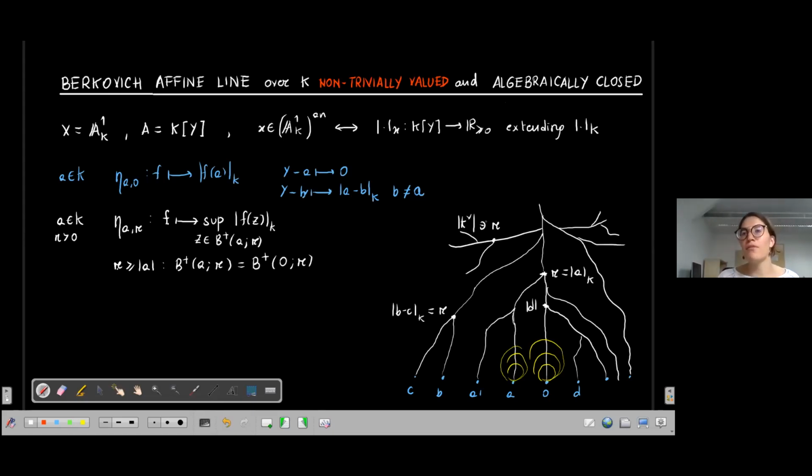But as soon as there exists a certain lambda such that R is equal to the norm of lambda, then we have a branching point. Basically, locally, you need to think of the topology as looking like the topology around the Gauss point.